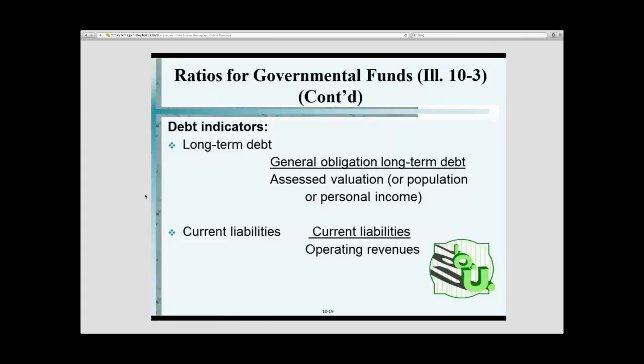So you can see how interest by itself is taking over 10%.